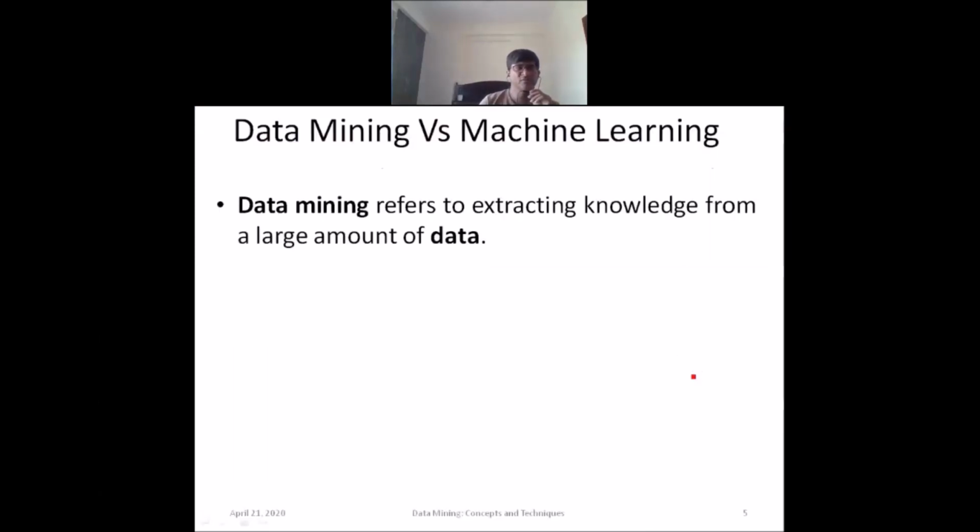There is one term which often confuses students: what is machine learning and what is data mining? Are these two terms interrelated or correlated, or are they different? Mind you, data mining refers to extracting knowledge from a large amount of data, and the overall goal of a data miner is to find interesting patterns in your data.